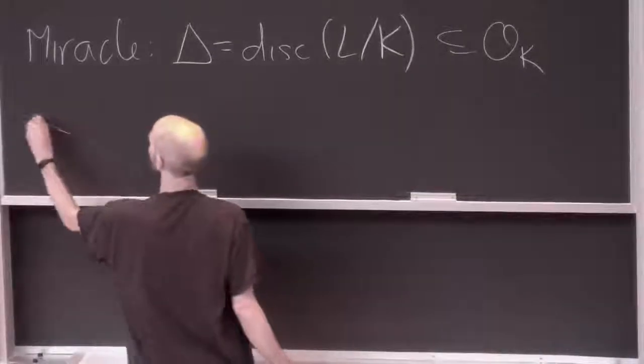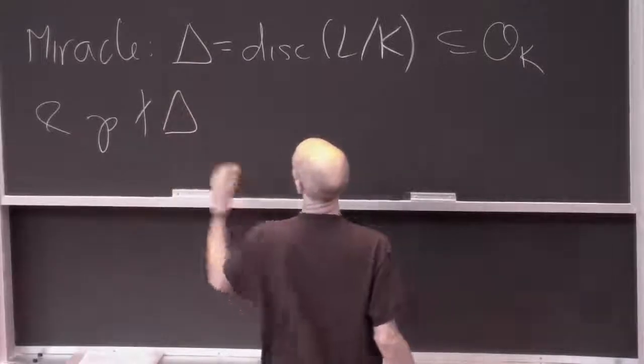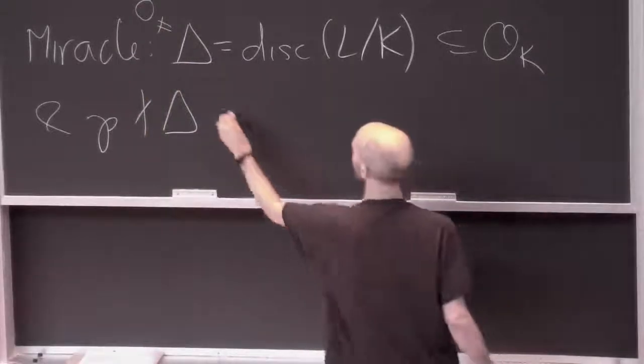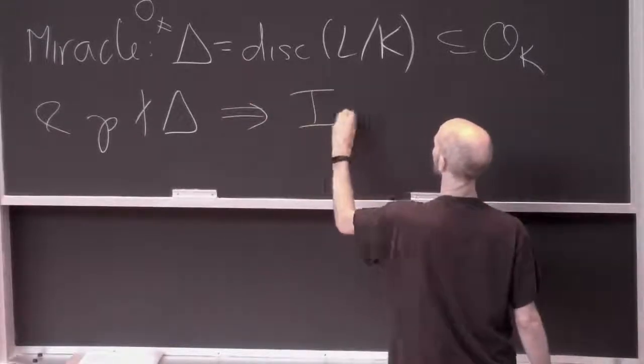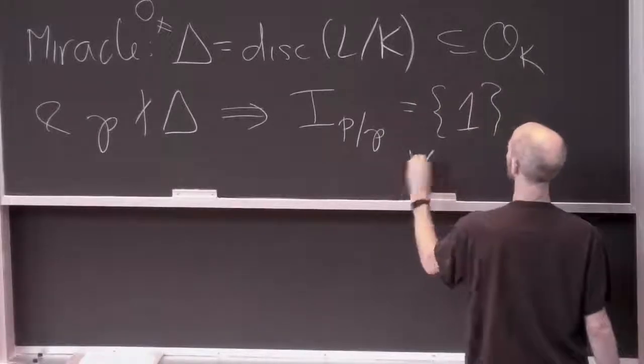And if p doesn't divide delta, I should say this is non-zero, then that implies that p is unramified. That implies that I_P over p is actually the trivial group for all P dividing p.